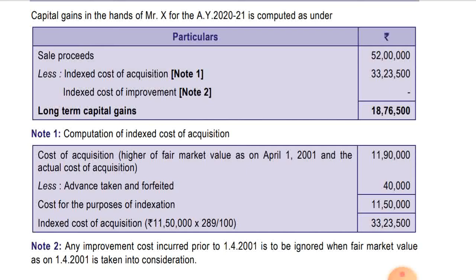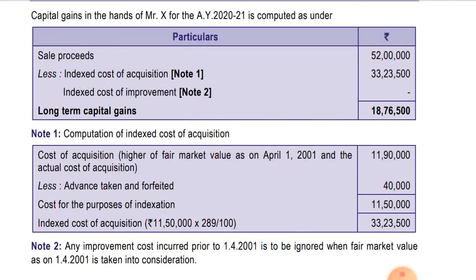It will be reduced as I said, and the amount for the purpose of indexation is 11,50,000. Now indexation will be done. Indexed cost of acquisition is 11,50,000 into 289 divided by 100. So indexed cost of acquisition is coming to 33,23,500.